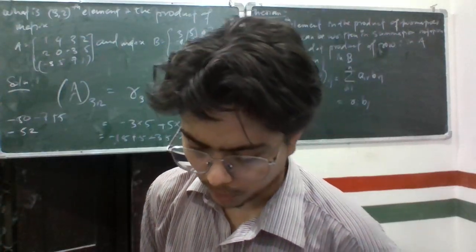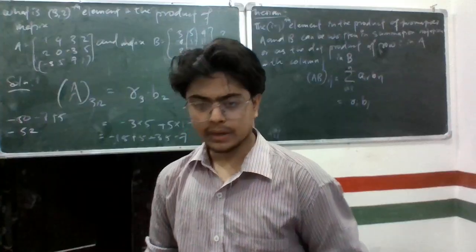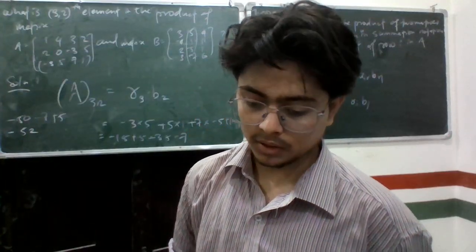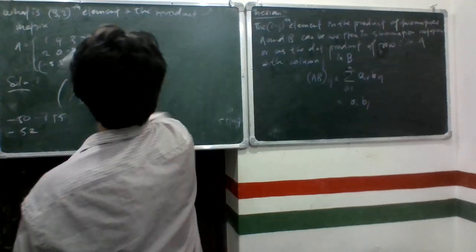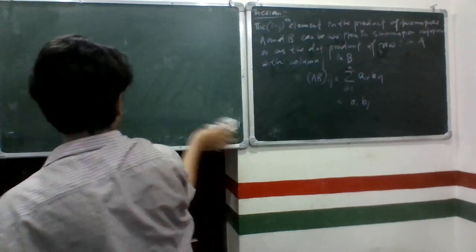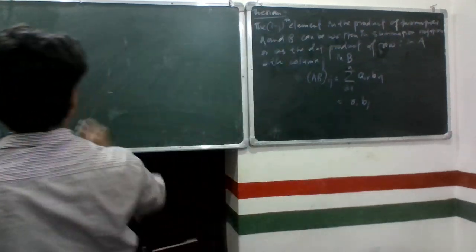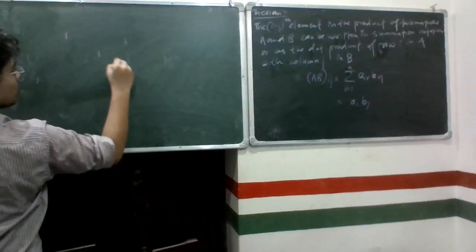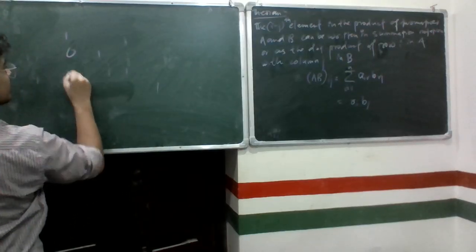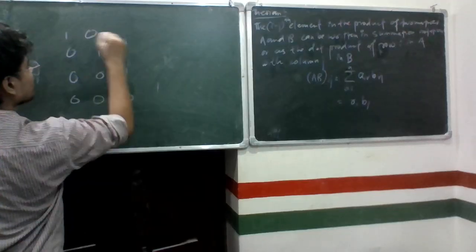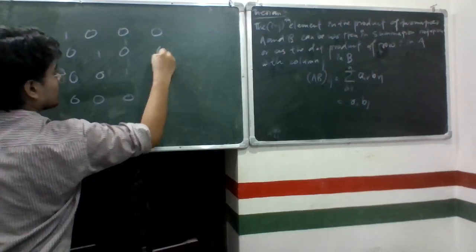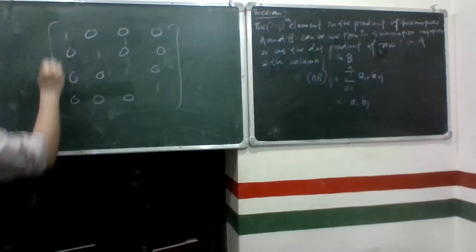If we say identity matrix, it looks something like this: 1, 1, 1, 1 on the diagonal, 0 in the other places. This is an identity matrix.